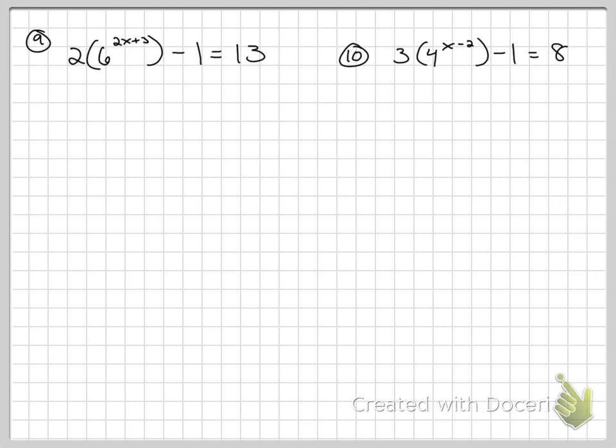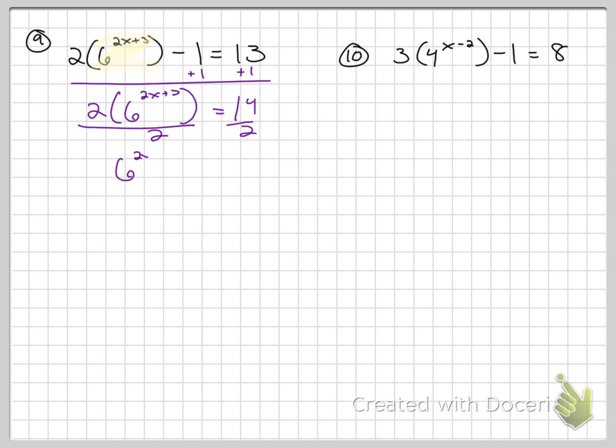Okay, 2 more for you to try. So get the base, the 6 alone. Add 1. Divide by 2. Change it to a log problem. The base is 6 of 7.